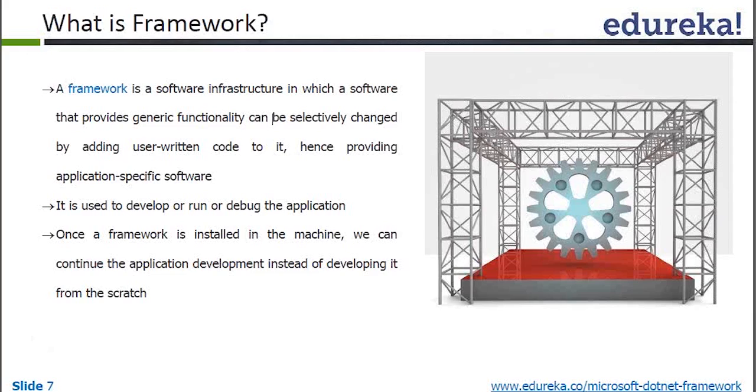If you don't have an infrastructure, people will start building it up. Infrastructure is mandatory for any place where we want to continue. In the same way, for every application, we need an infrastructure. When we have an infrastructure, instead of writing from scratch, we can directly continue. That is what is called an infrastructure.